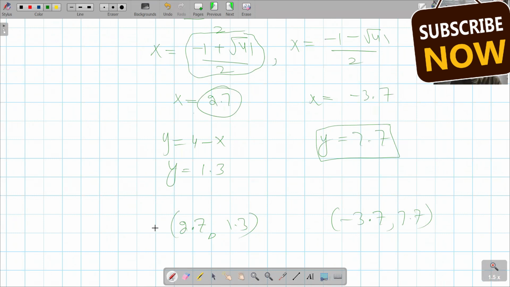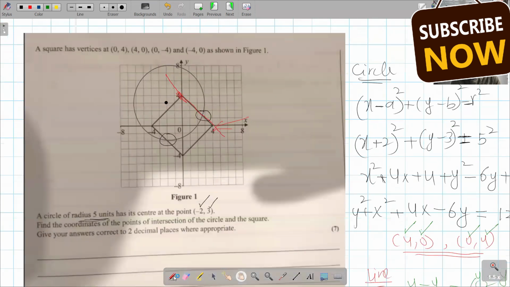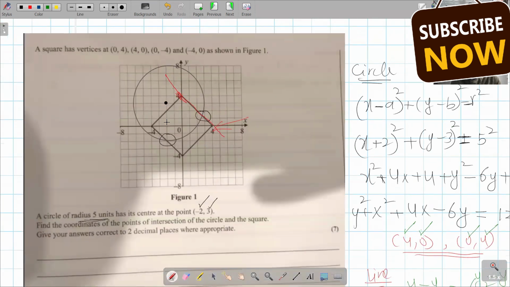What did it say on the graph? The graph is like this. So x is between minus 4 and 4 and y is between minus 4 and 4, because in this square, these are the boundaries of this square.